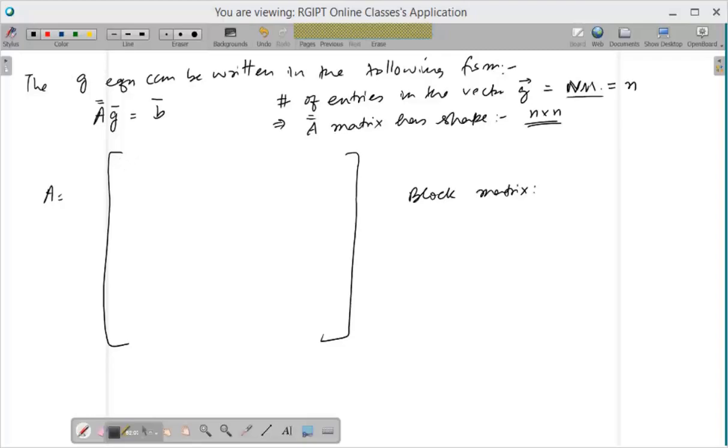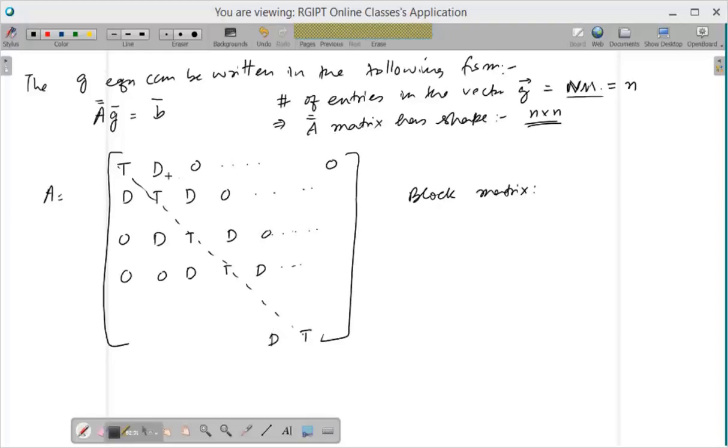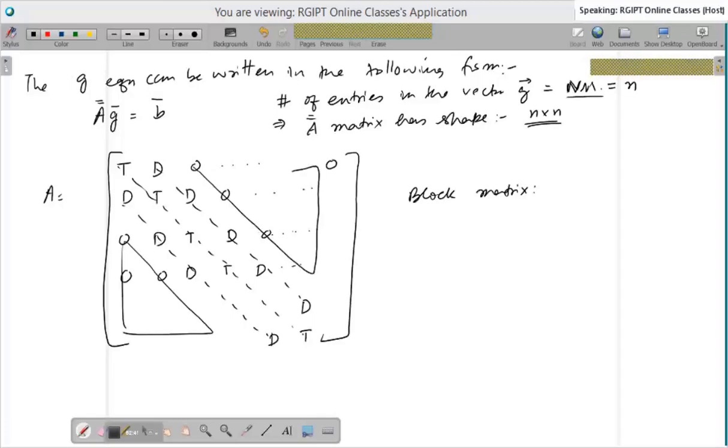Okay, so I'm going to write down T, D, zeros; D, T, D, zeros; 0, D, T, D; 0, 0, D, T, D. This is how it goes, right? These are all zeros.